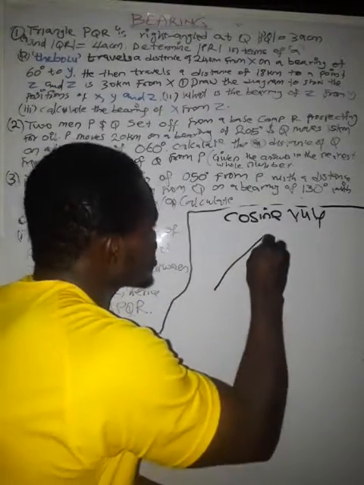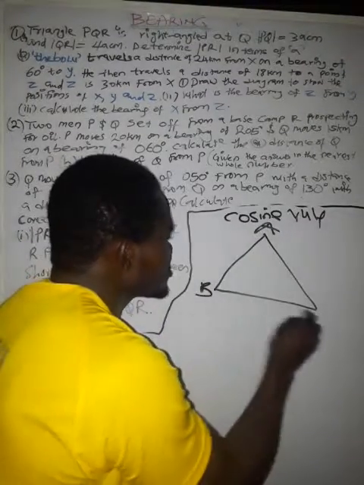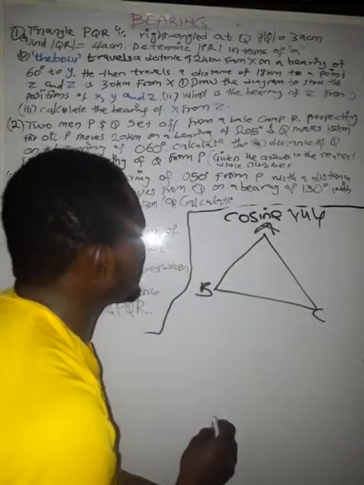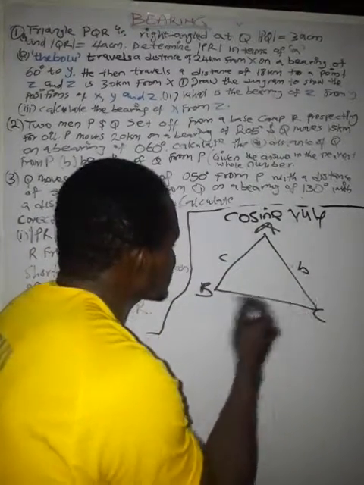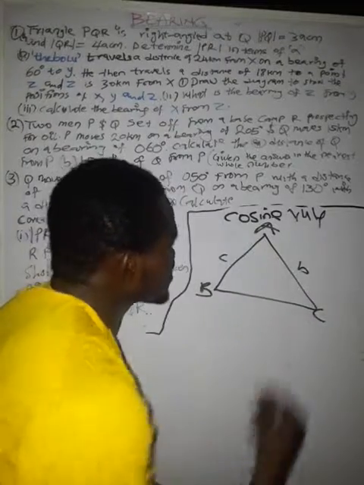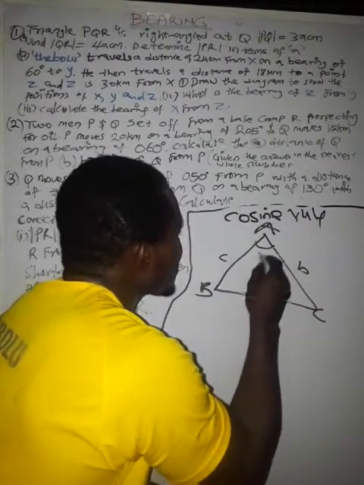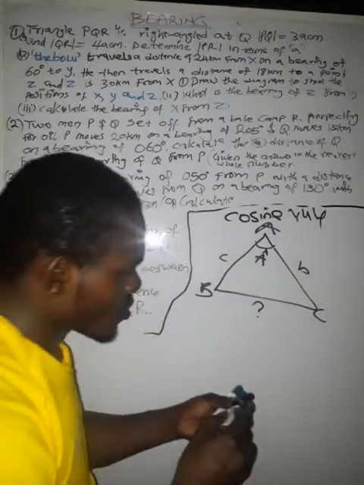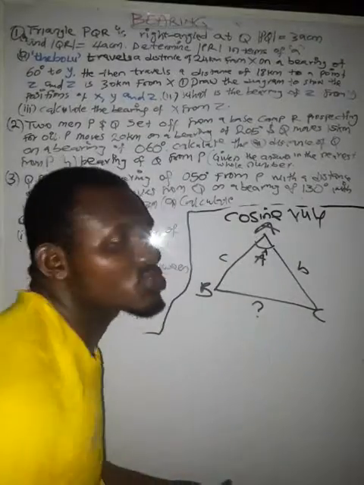If I have two sides, let's say I have side c and I also have side b. c is facing here, b is facing here. So I now need this side here, and I have already been given angle A. So that is how you can use the cosine rule.